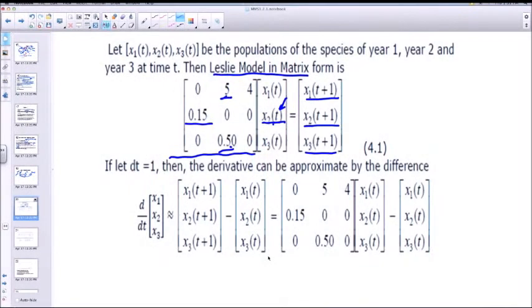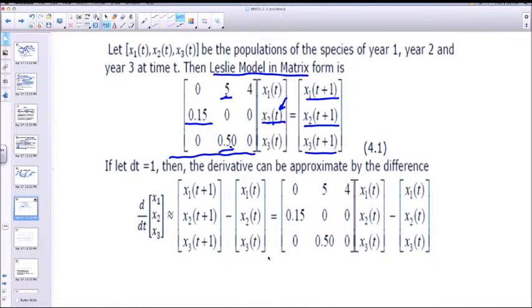The answer is yes. It depends on how big a population you have. If you have a huge population, you consider hundreds of years, sure, you get a decent result. Your result may be exactly like what you did in the first module. So that's what we do.